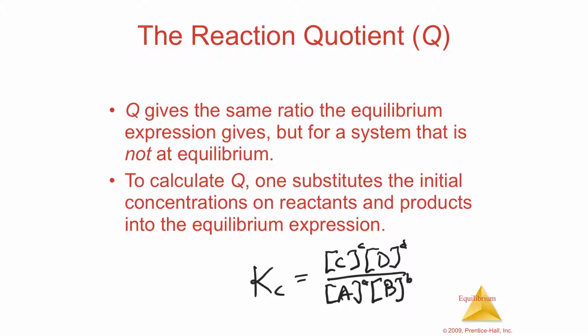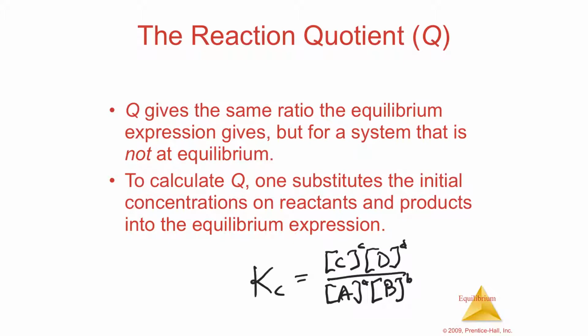You can use stoichiometry, as we've seen in the past, to find K sub C, even if you don't know it all at once. But there's another very useful one. Let's say that you are running an experiment and you don't know how long it's going to take for equilibrium to be reached, and you take some readings.